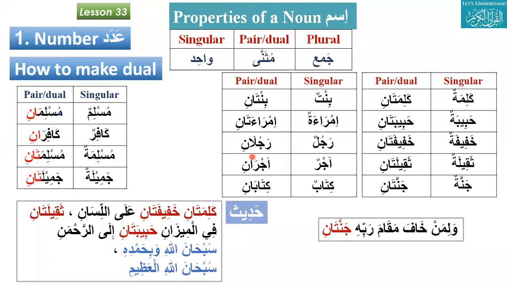These are wahid. And plural is muslimun, kafirun, and we will see many things. But here we know the singular. We will discuss the dual. Dual will be like Muslimun becomes Musliman, Kafir becomes Kafiran, Muslimatun becomes Muslimatani, Jamilatun becomes Jamilatani.